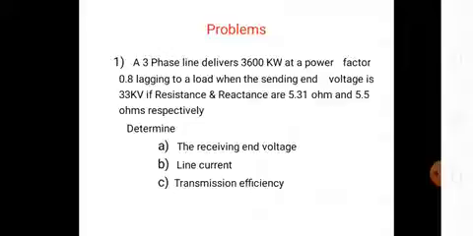So here the delivered power is on the receiving end side, 3600 kilowatts. So the power per phase is 3600 kilowatts divided by 3, that is 1200 kilowatts.